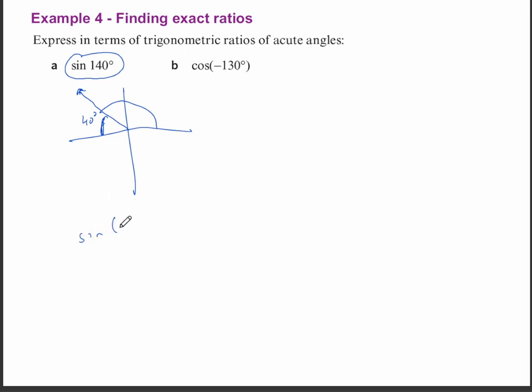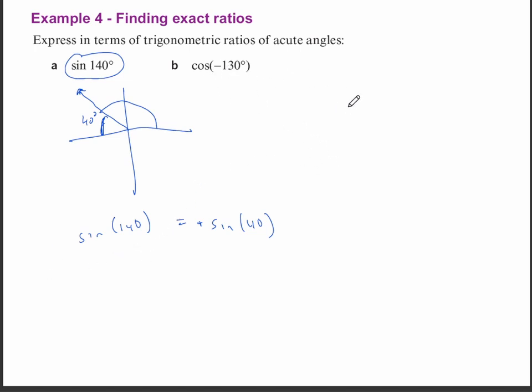And so sine 140, the magnitude, right, is going to be the same magnitude as sine of 40. Now what's left is the sign, meaning the positive or negative of that trigonometric ratio. And because it's in the second quadrant, which has sine as positive, we're going to have this as positive. That means sine 140 is the same as positive sine of 40.